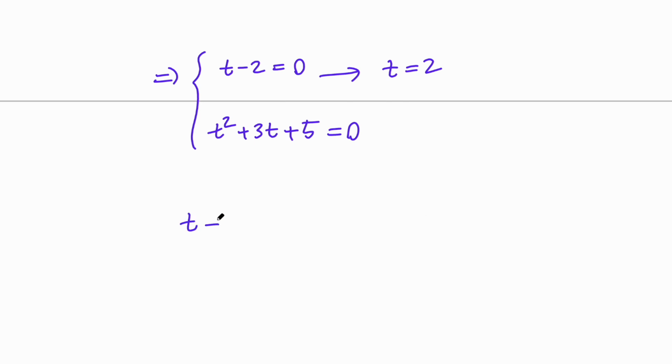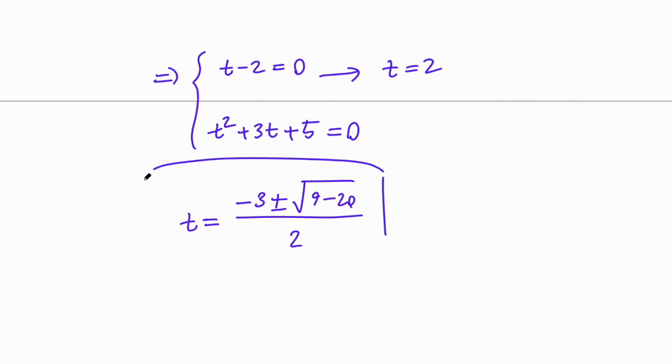We're going to get t equals negative 3 plus or minus the square root of 9 minus 20, all divided by 2. Now, if you look at this, it is obvious that this is not real. So the only real solution for t is 2, and that's what we want. We actually want to solve for real solutions.